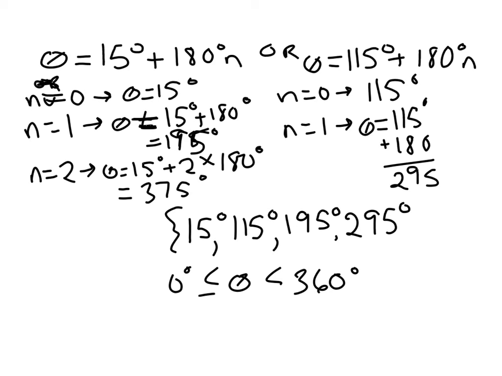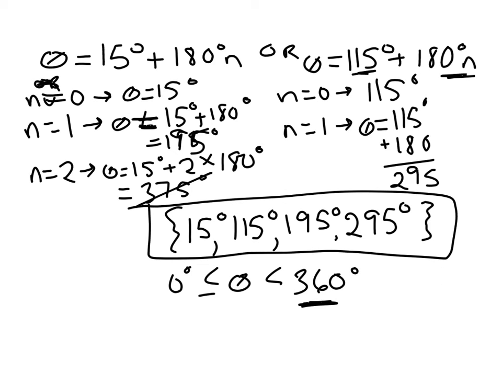That's too big. That's beyond this value. And same thing here. If n equals 2, then this is 360 plus 165 more. That's going to be too big, more than 360. So you stop when you start to get values bigger than 360, and this right here is your solution set.